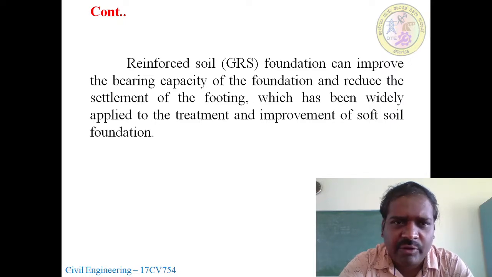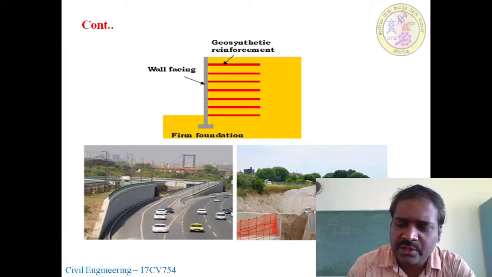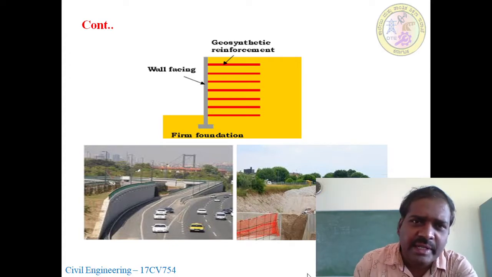In this picture, you can clearly see the wall facing, and the red color is the geosynthetic reinforcement, or the strips, or other material, that will be provided. It will be the firm foundation, and the yellow color will be the soil mass.